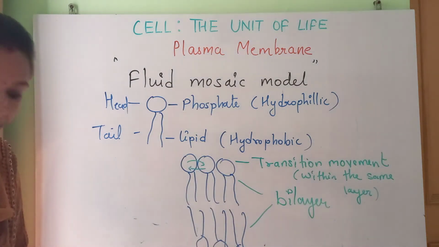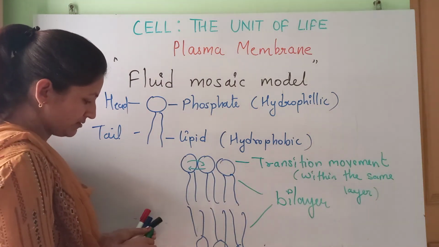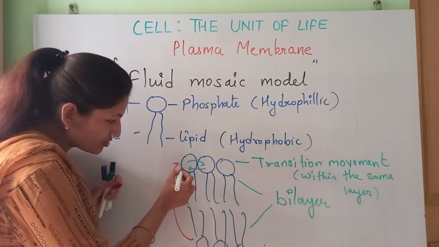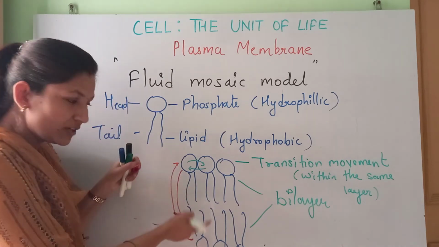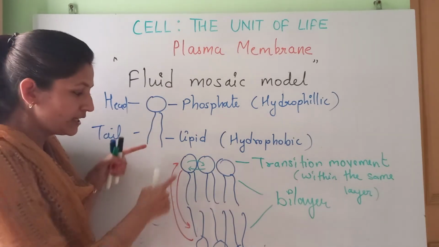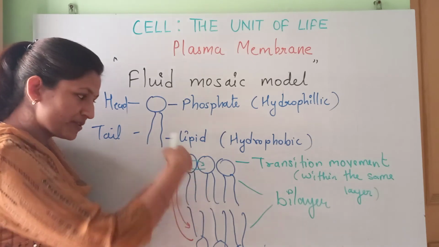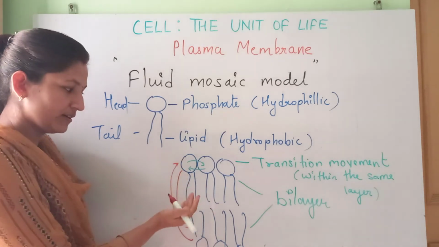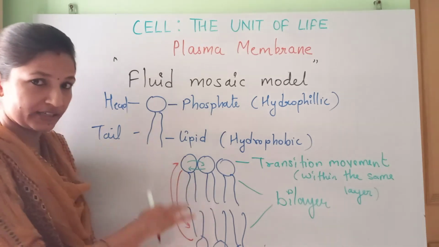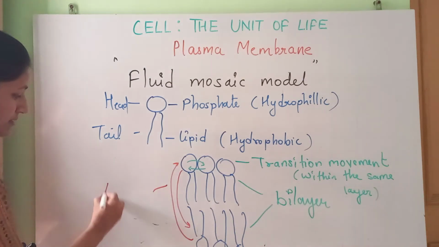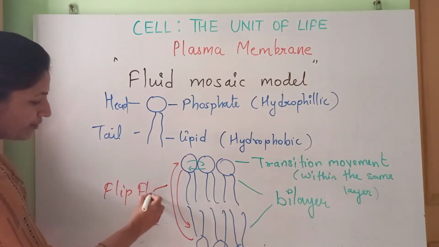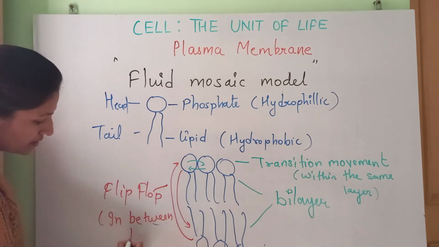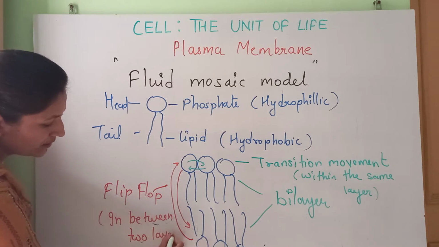Got it? If this molecule is going to change its position with this one in between two layers, ठीक है, इस और इस लेयर के बीच में अगर मॉलिक्यूल्स आपस में अपनी पोजीशन चेंज कर रहे हैं, फ्लिप फ्लॉप, ठीक है, पलट रहे हैं एक दूसरे को, एक उसकी जगह पलट के दूसरे खुद आ गया, सो दैट इज अ फ्लिप फ्लॉप मूवमेंट. This is flip flop in between two layers.